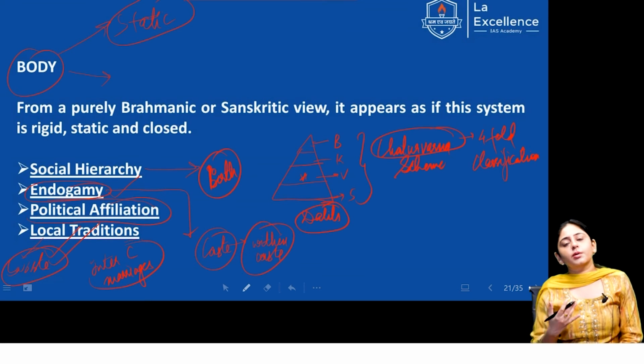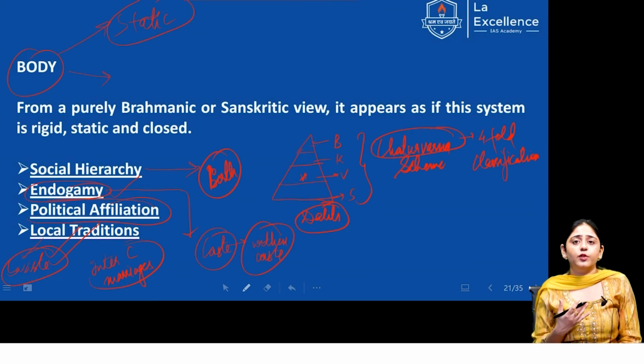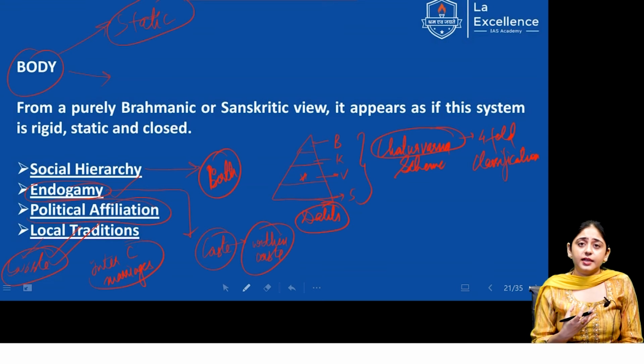So these things are also leading to caste forming a very rigid, static form, which is seen as unchanging. This will move on for centuries because it provides a social hierarchy, it is based on endogamy, political affiliations are according to caste, and rites, rituals and customs surround a caste.